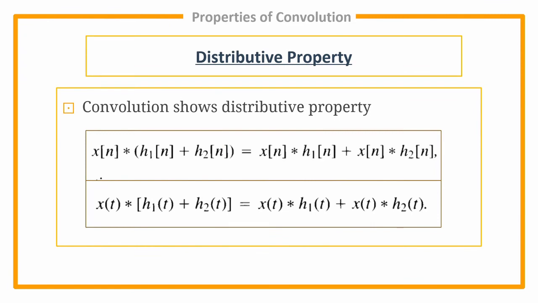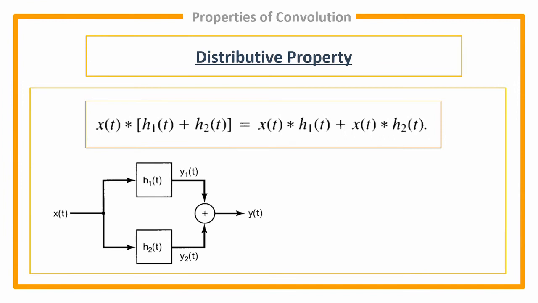Convolution also shows the distributive property. x of n convolved with h1 of n plus h2 of n equals x of n convolved with h1 of n plus x of n convolved with h2 of n. Now this is a useful property because instead of using two systems with impulse responses h1 of t and h2 of t, we could use just one system with impulse response h1 of t plus h2 of t to get the same output.